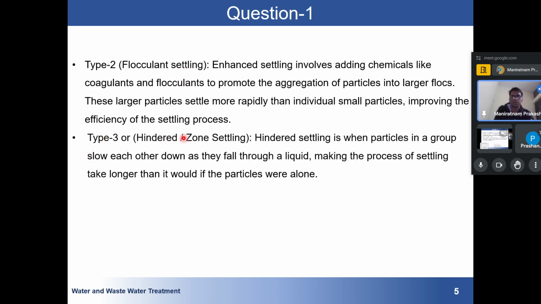Then comes hindered settling or zone settling. First read what this hindered settling is. Hindered settling is when particles in a group slow down each other as they fall through a liquid, making the process of settling longer than it would take if the particles were alone. This happens in the biological treatment unit.